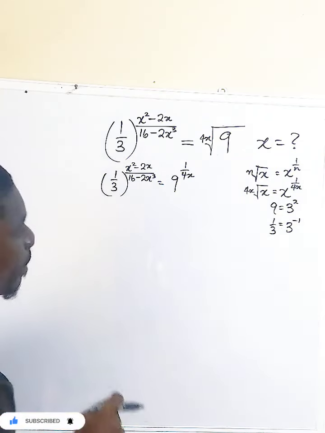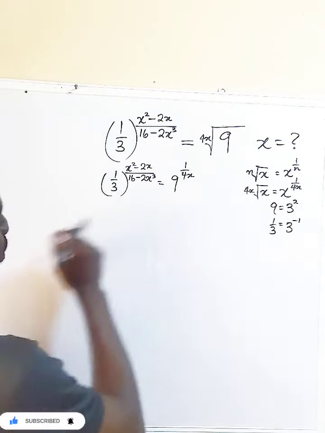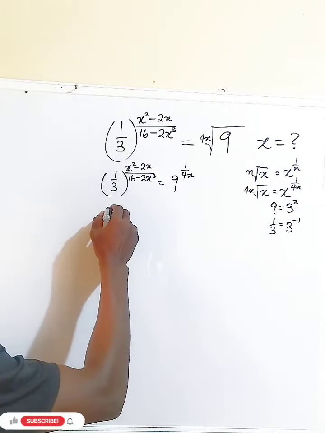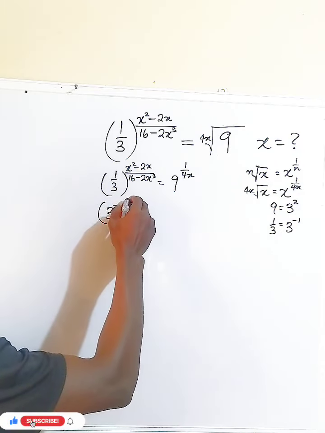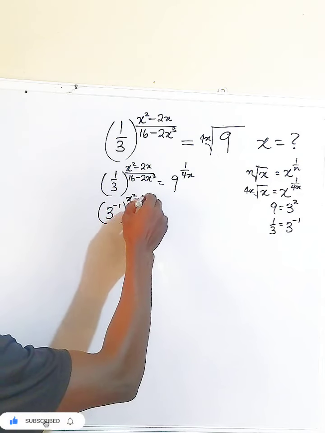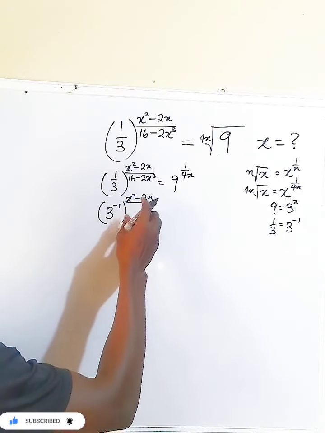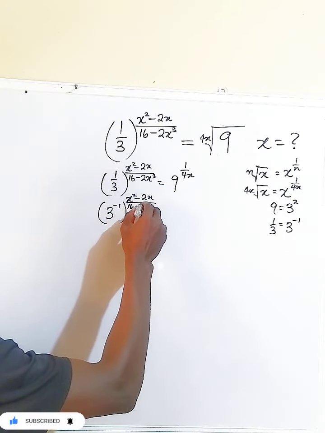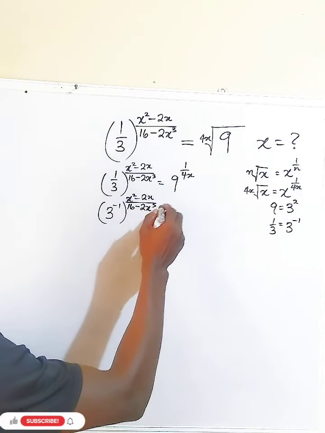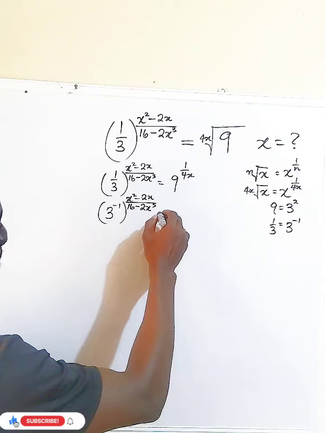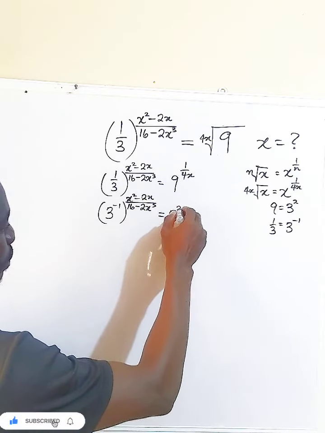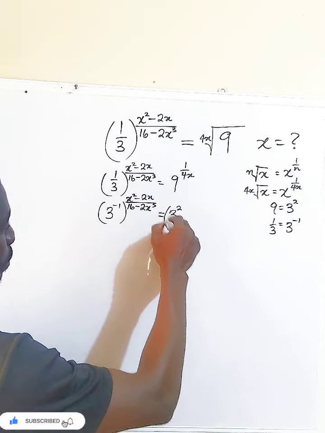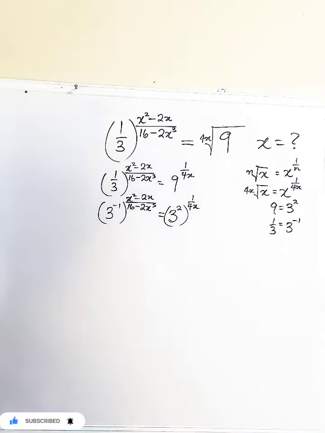So let us apply these two rules to this equation. Here we have 3 raised to the power of minus 1, all raised to the power of (x² − 2x)/(16 − 2x)³, then equals 3 raised to the power of 2, all raised to the power of 1 over 4x.